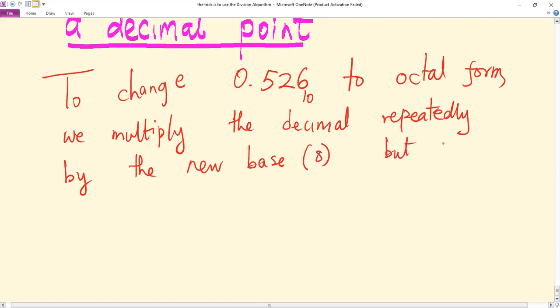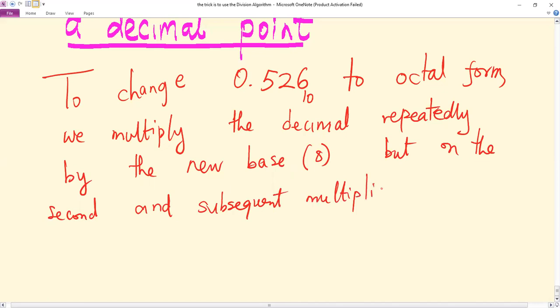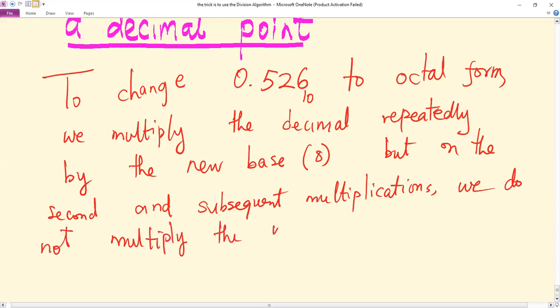But on the second and subsequent multiplications, we do not multiply the whole number part of the previous product.